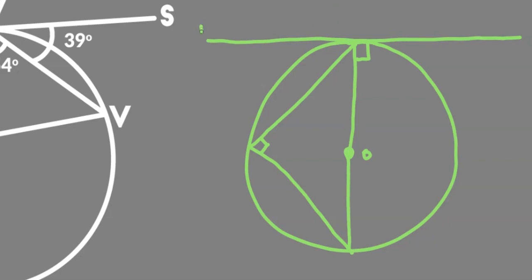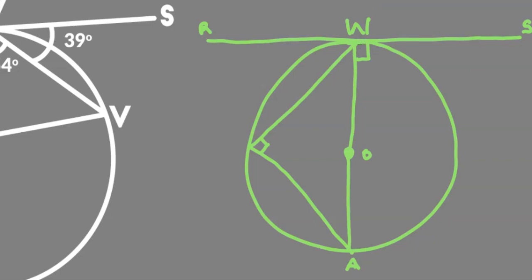If this is the tangent R, WS, and then we have a point, let's say A here, there are some relationships that are very key that have been formed here.